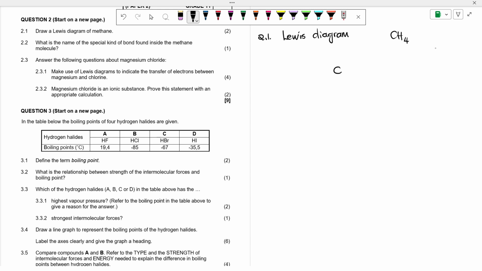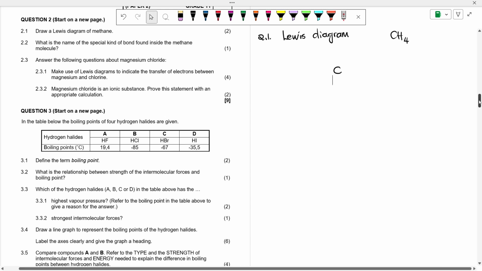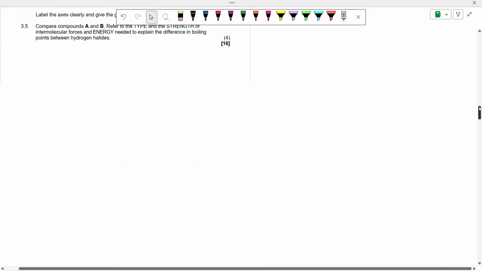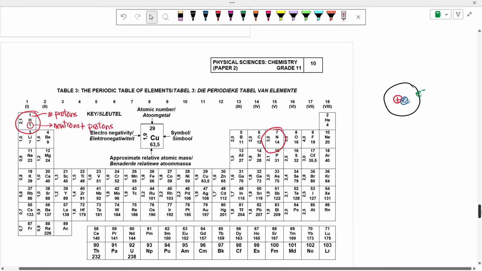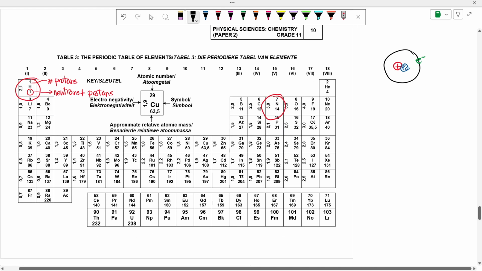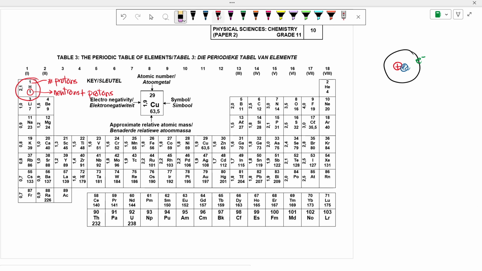I check the valence electrons of carbon. How many electrons do we have, valence? I can go to the periodic table if you want. So how many do we have for carbon? It's 4. So you're gonna check these numbers here. This represents your valence electrons, those numbers there in Roman numerals.